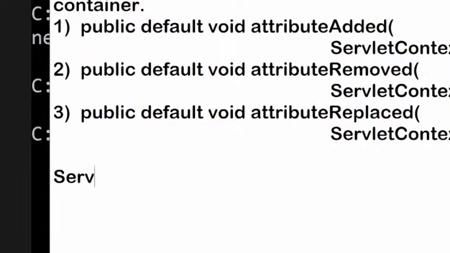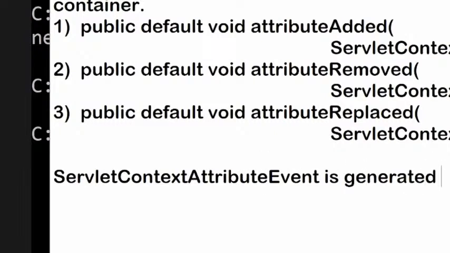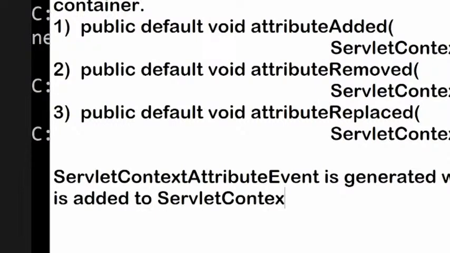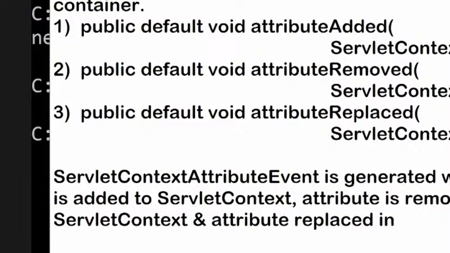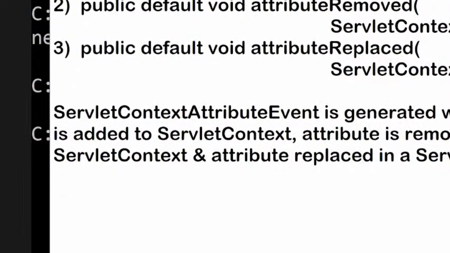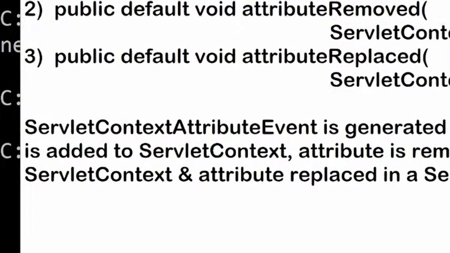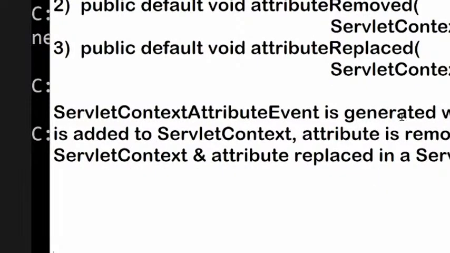Now, the servlet context attribute event is generated whenever an attribute is added to the servlet context, an attribute is removed from the servlet context, or an attribute is replaced, that is, modified, in the servlet context. It is generated by the web container.